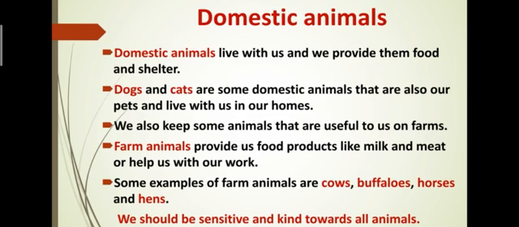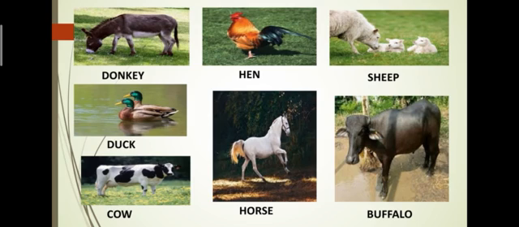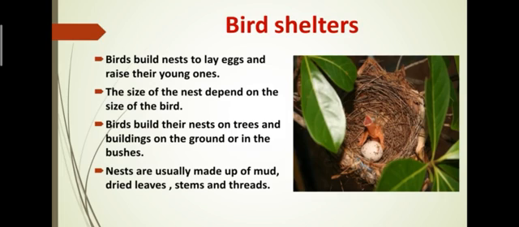One very important thing is that we should be sensitive towards these animals because they are very helpful to us in many ways. In this picture, you can see so many domestic animals and farm animals. They are donkey, hen, sheep, duck, cow, horse, and buffalo.